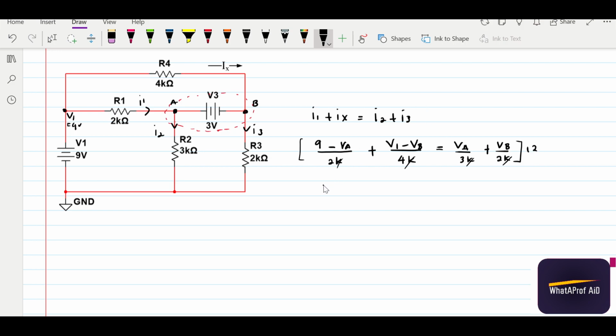So then we have 54, 6VA plus 3V1, sorry, V1 can be written as 9, V1 equals 9, right? This is 9, so we can directly multiply it. 3 times 9 is actually 27, minus 3VB equals 4VA plus 6VB.